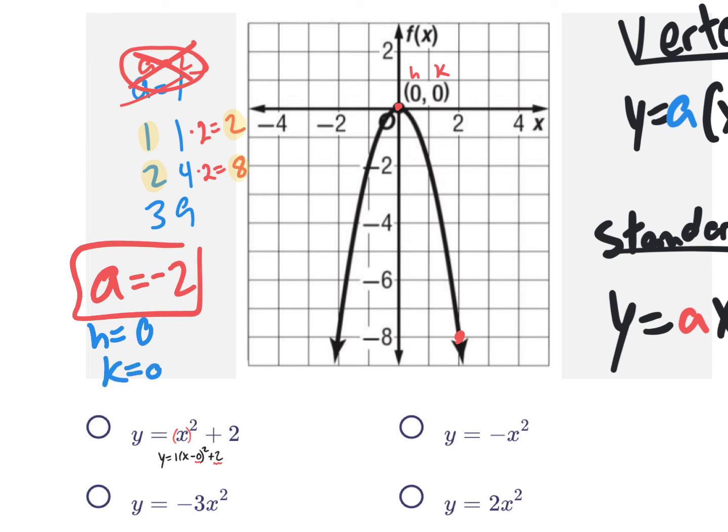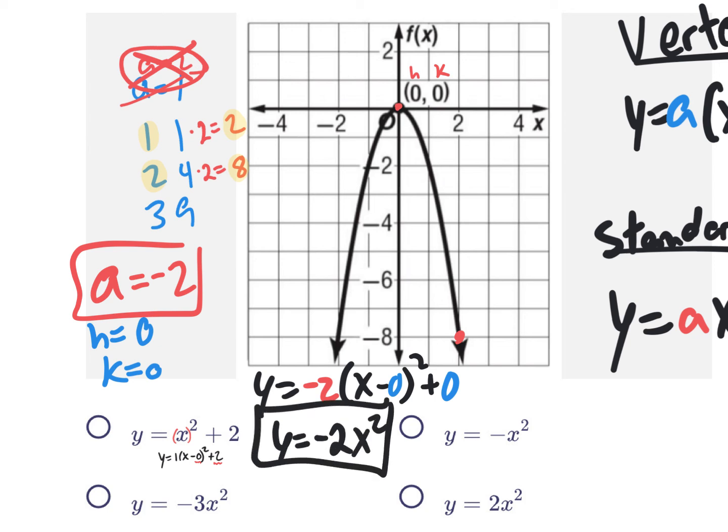So if we plug it into vertex form, y equals a being negative 2, parentheses x minus h squared plus k, and you know that the h and k are 0 and 0, then you don't even need the plus 0. As a matter of fact, you don't even need the x minus 0. That should just be x squared, which means you don't even need the parentheses. It would just be y equals negative 2x squared.